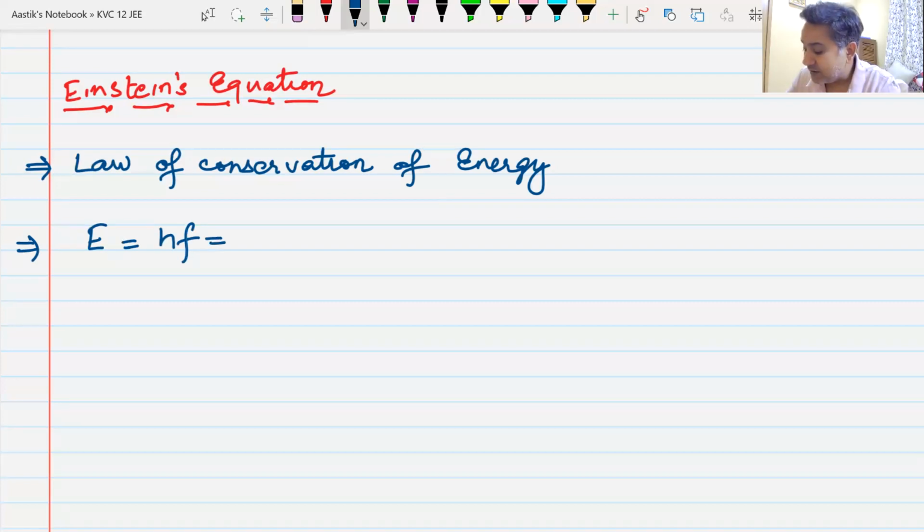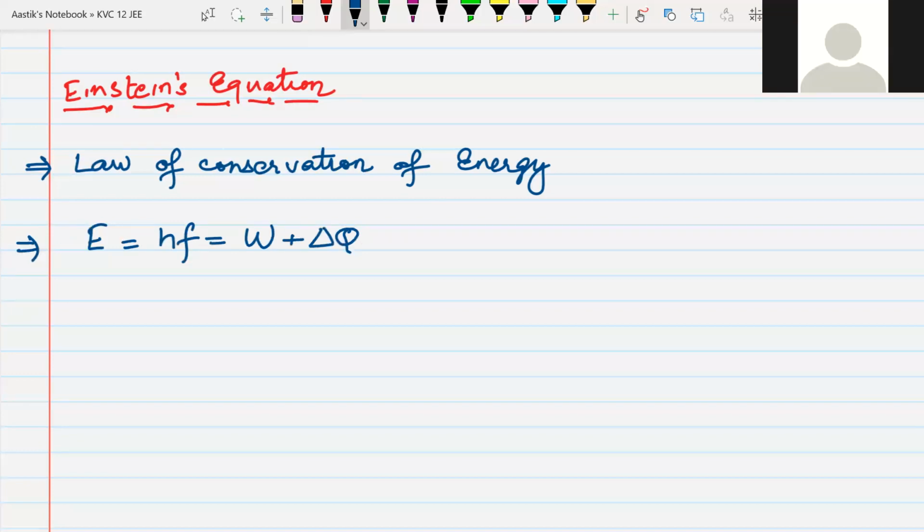Now, where will this energy go when this photon hits? Some part of the energy will go to overcome the work function of the metal, yes or no? Then the rest of the energy may be lost in the form of heat or any such energy.